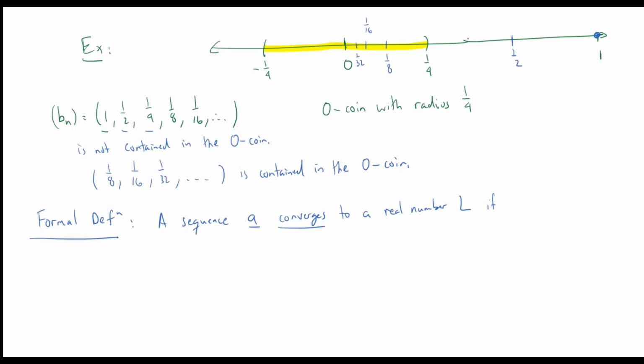However, no matter what weird stuff happens, all of the numbers in this sequence from here on out will be in this zero coin with radius 1/4. Would that convince you that all of the points were getting close and staying close to 0, if all you knew is that the points were in this interval?